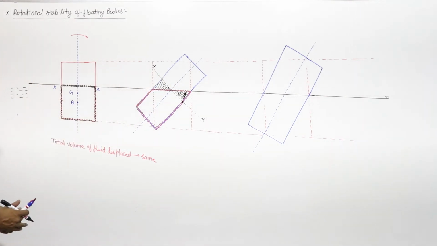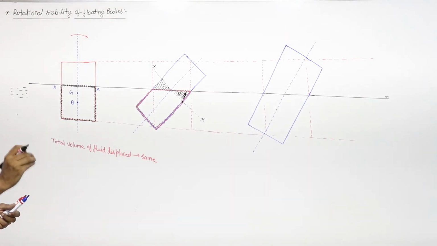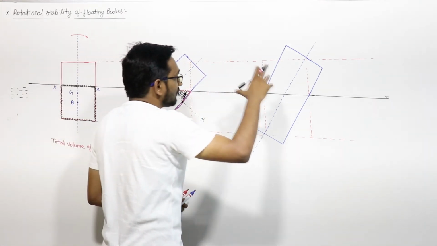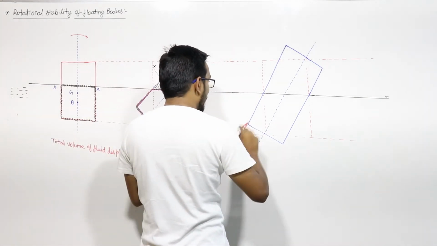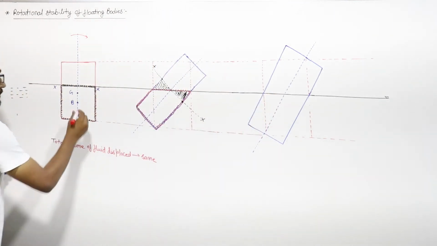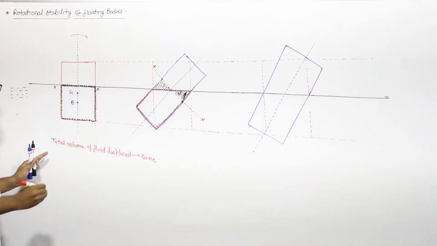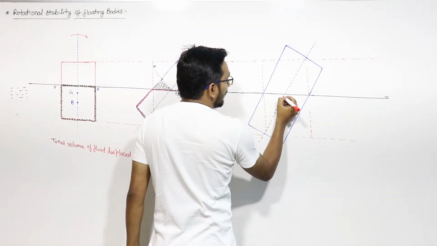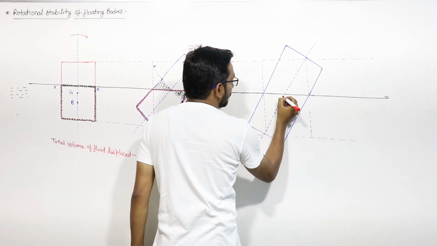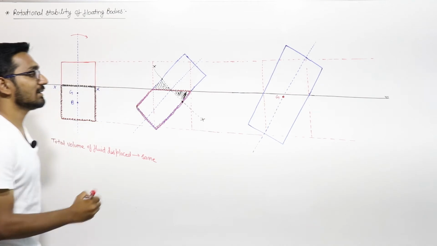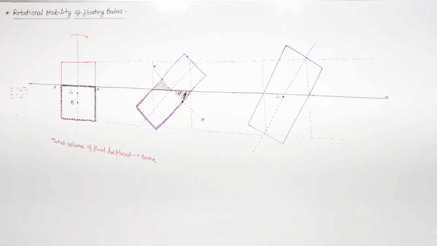Only the orientation will change, but the distribution of mass is not changing. So suppose the center of gravity G is here. The center of gravity will lie at the same point, right?